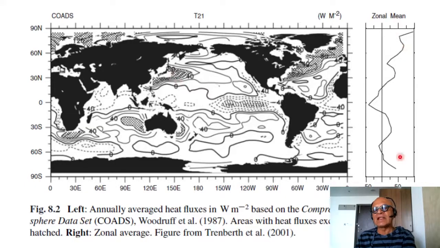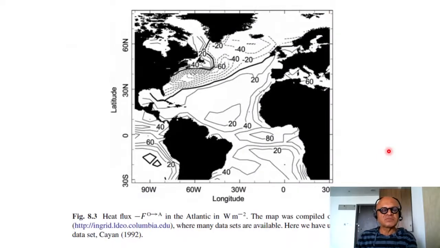But that kind of balance can be seen here, where there are negative numbers, where there are positive numbers in the zonal mean, and what is the amount of energy being transported in the ocean towards the poles. So there is divergence towards the poles from the low latitudes, and that has to be explained in terms of the physics as well.